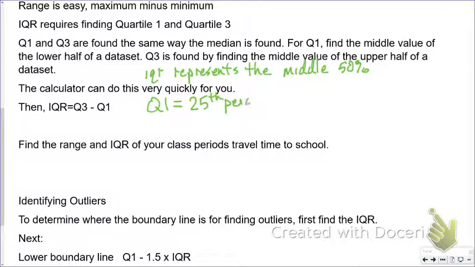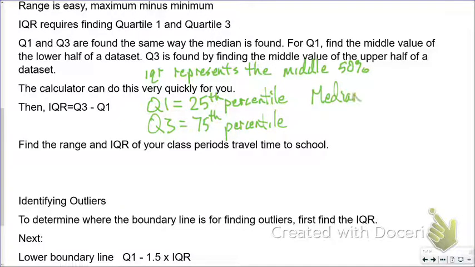That means 25% of the data is less than that number. And Q3 is the 75th percentile. You guys have heard of the median, of course. The median is also called Q2. It's rare someone calls it Q2, but technically that's the next quartile, and that's the 50th percentile.